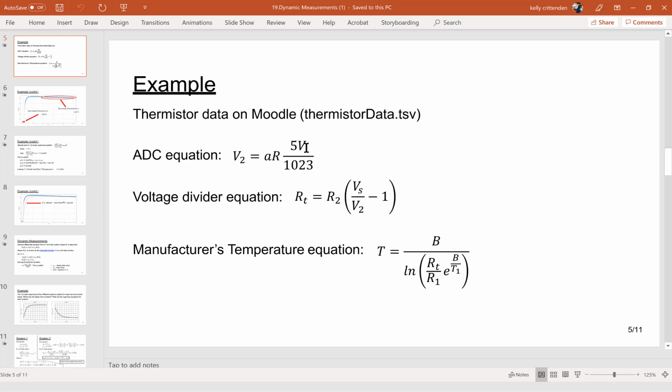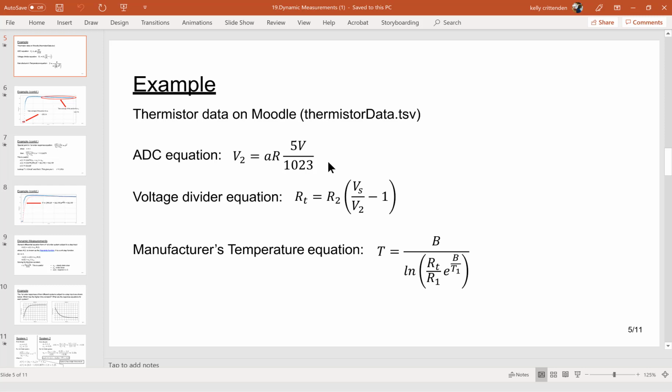And then the 5 volts over 1023 is because 5 volts is our reference voltage that we have set up on the Arduino. You can change that to different references, but by default, if you don't do anything, it defaults to 5 volts. The 1023 is because we're using a 10-bit A to D converter on the Arduino, and that's just built into the Arduino. You can't really change that without adding hardware.